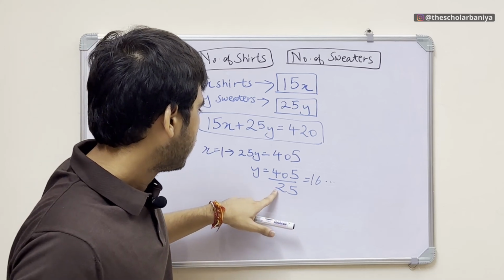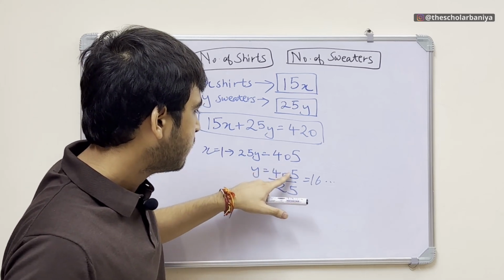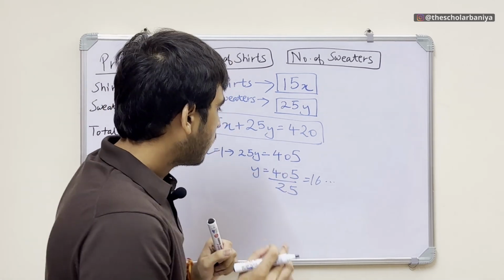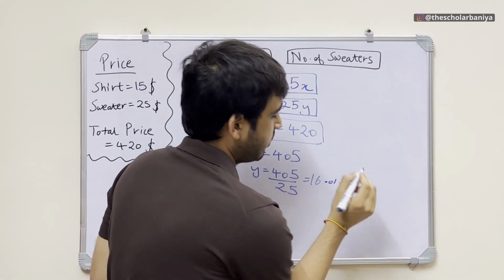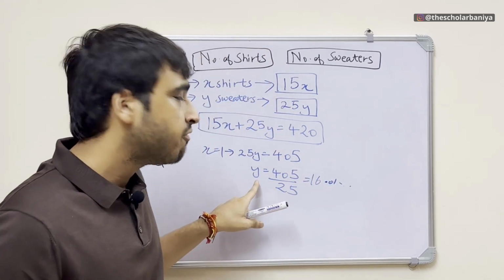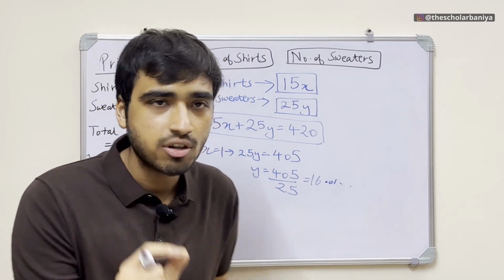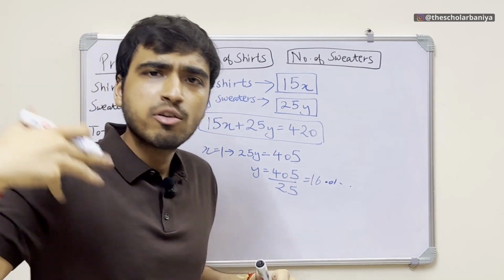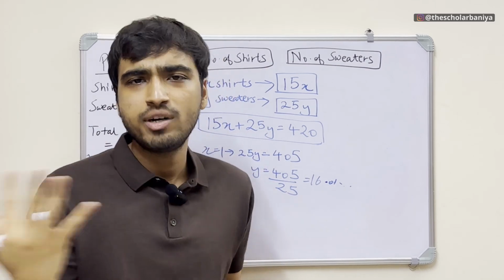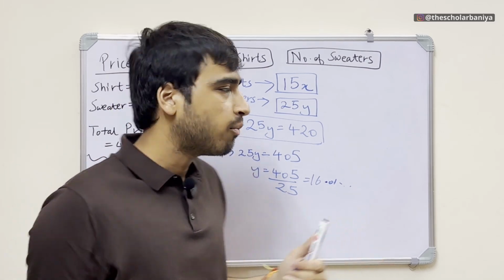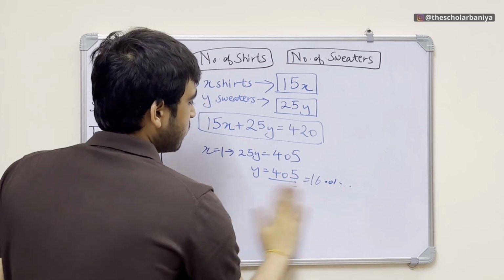But we know that the value of Y has to be an integer, because Y is the total number of sweaters, and sweaters can never be in fraction. There can be 1, 2, 3, 4, 10 sweaters, but never a fraction. Obviously, this is not possible.